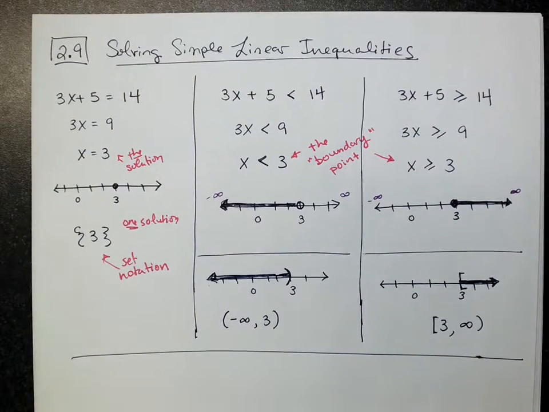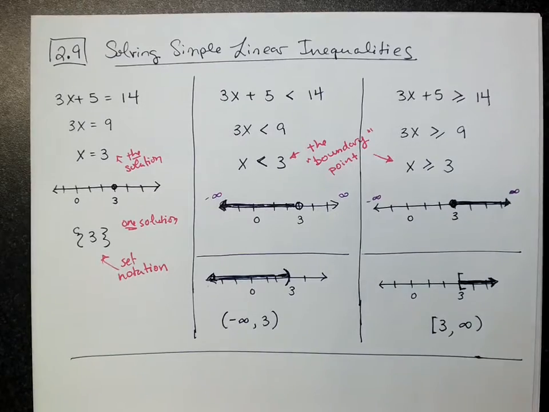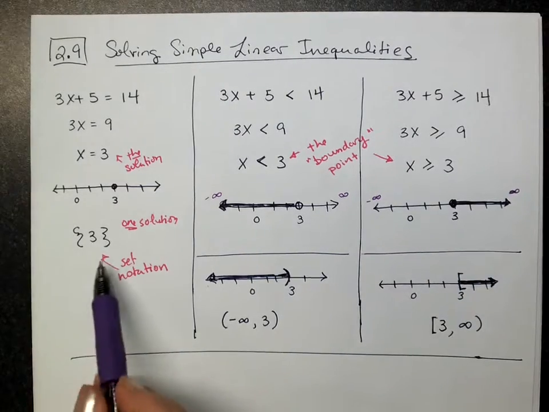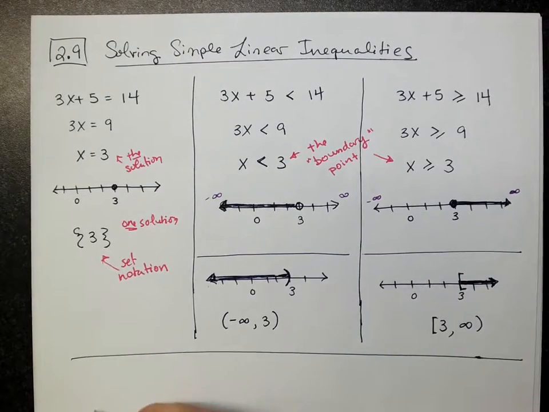Okay, so the interval notation we're going to be using moving forward: set notation is used for equalities, and interval notation will be used for our inequalities. Now, interval notation is always the smallest value, comma, the biggest value.